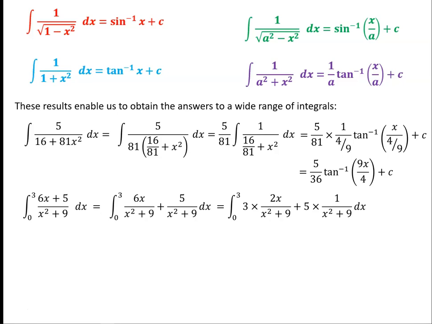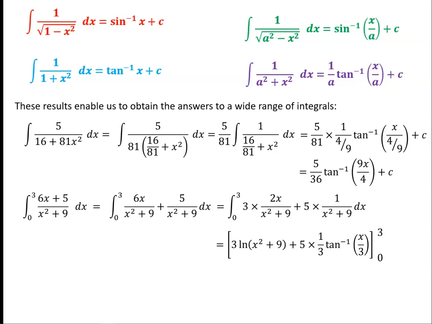So we can say that the integral of 3 times 2x over x squared plus 9 plus 5 times 1 over x squared plus 9 is going to be 3 times the logarithm of x squared plus 9 plus 5 times a third tan to the minus 1 of x upon 3. And I need the value of that expression when x is 3, take away the value of that expression when x equals 0.